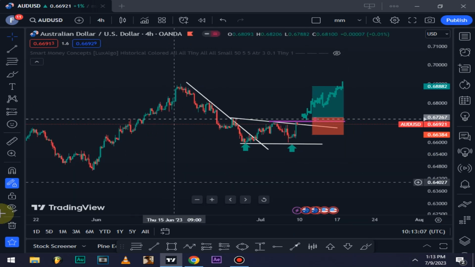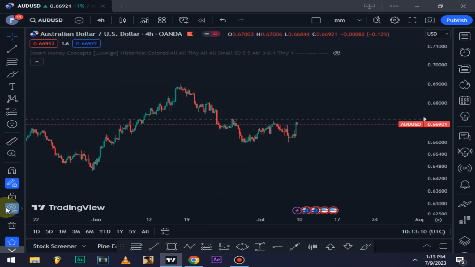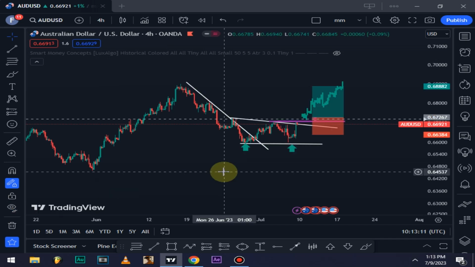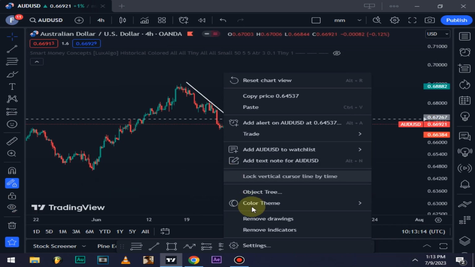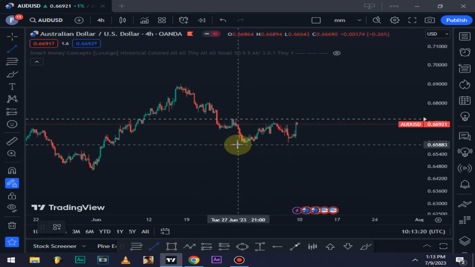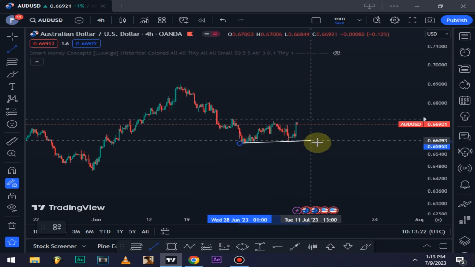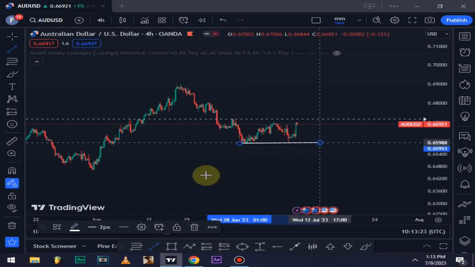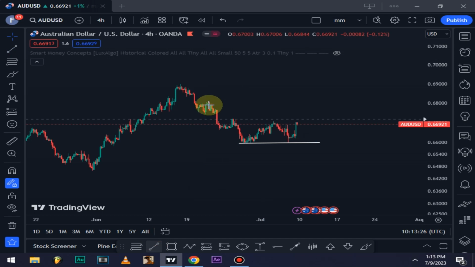I've already done this analysis, guys. Let me just remove everything and explain that. First things first, I've seen a zone over here. Also, I can see that price was in a downtrend.